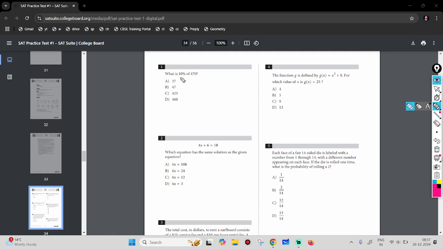Question number one is, what is 10% of 470? Now this is a very easy question. If I ask you what is 50%, you can tell me 50% is nothing but half. Similarly, 10% is nothing but 1/10. So 1/10 of 470 can easily be seen as 47, since we have a 0 at the end of 470.